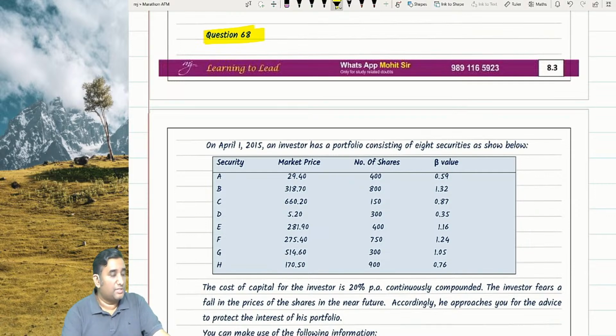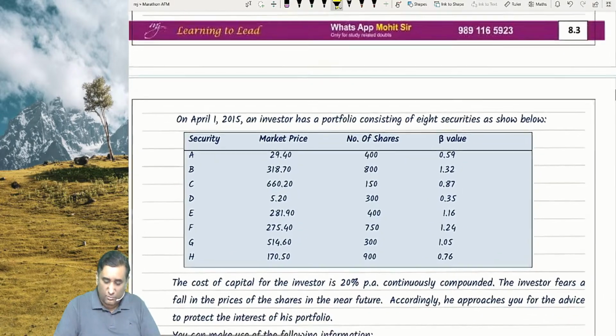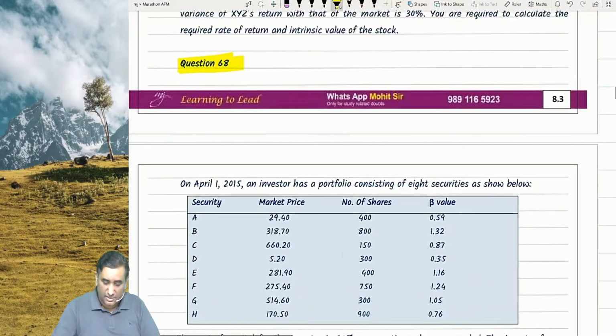These are lengthy questions, but if you do not make a mistake in the first part, then the rest of the parts will not have mistakes. The problem is challenging with at least question 68. The next question will not have a problem. This 8, if you're comfortable with the first part, then only do it, otherwise do not do it.